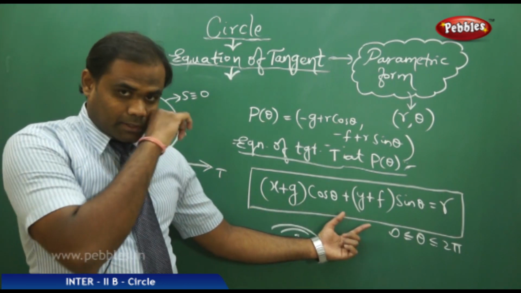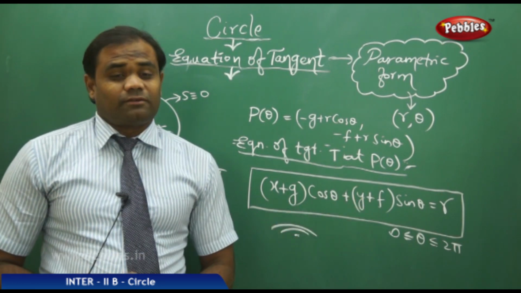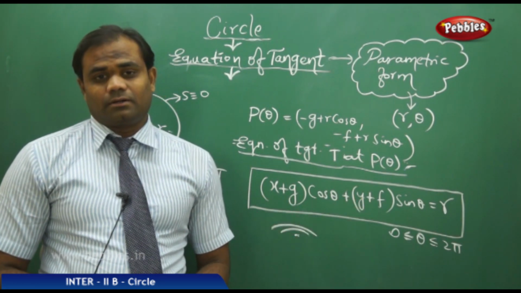So the equation of tangent at theta is given by x plus g cos theta plus y plus f sine theta equals r.